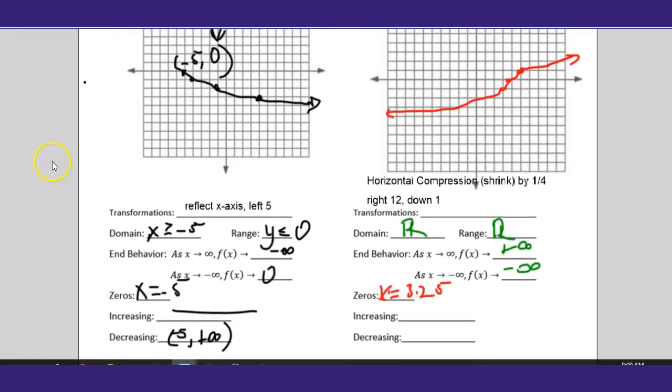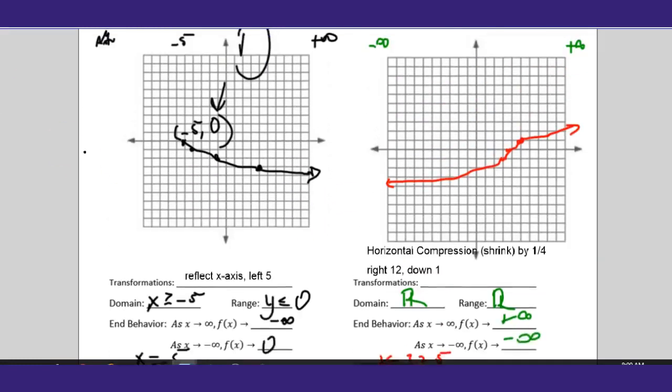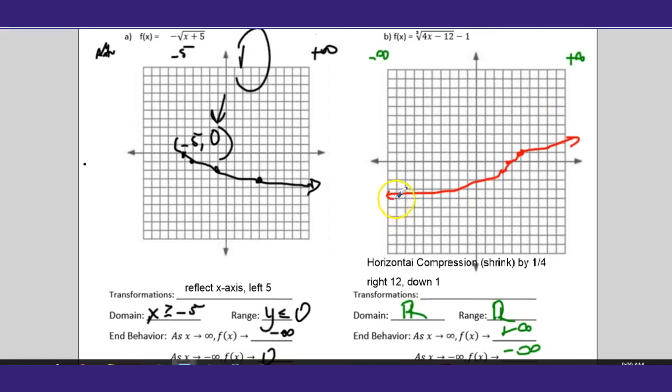Now we want to talk about increasing and decreasing. Remember, for increasing and decreasing, you look at the graph from left to right. What is this line doing? If you go from left to right, all it's doing is getting larger and larger. Even if you look at your table on your calculator and scroll down with the x values, you see that as the x values get larger, the y values get larger.